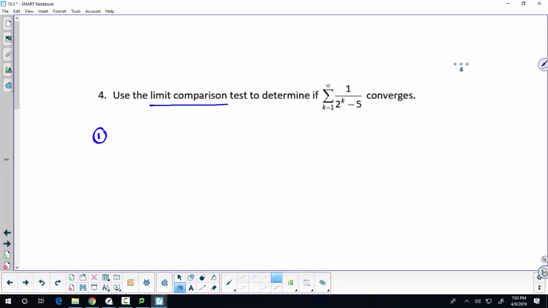So really, the first step is still to pick this series. What do we want to choose here? Yeah, we want to choose 1 over 2 to the k. What do we know about this series? It's geometric, and it converges, yeah.